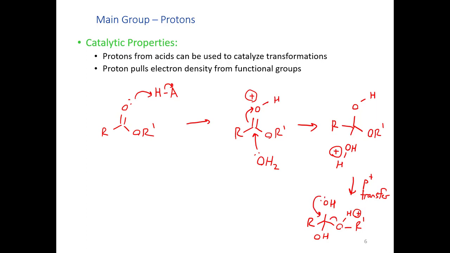So when you reform your CO double bond, you generate your acid. And then at the very end, you reform your initial acid, and then you have your hydrolyzed ester, which is now a carboxylic acid. There are many examples in organic chemistry of acids acting as catalysts in this way.